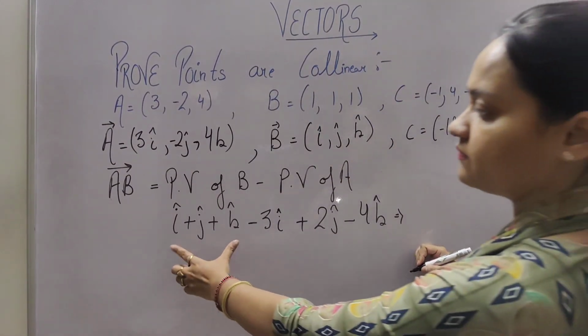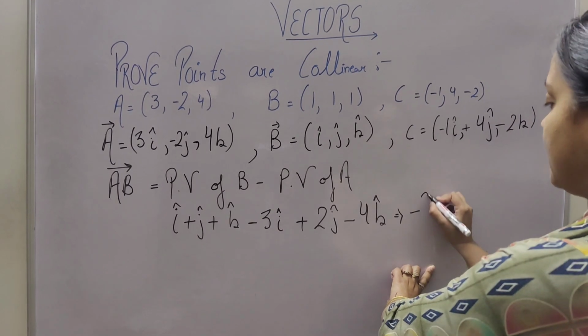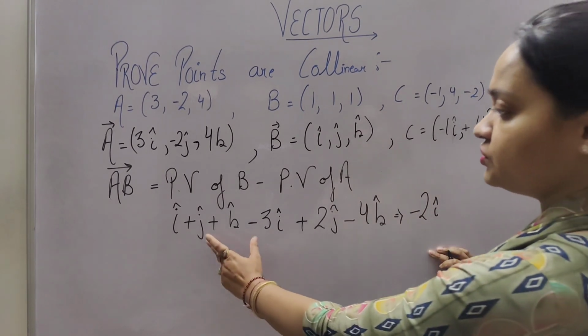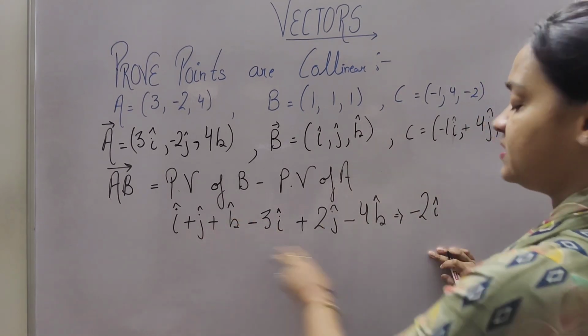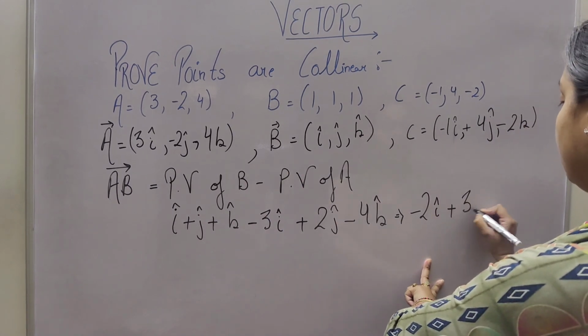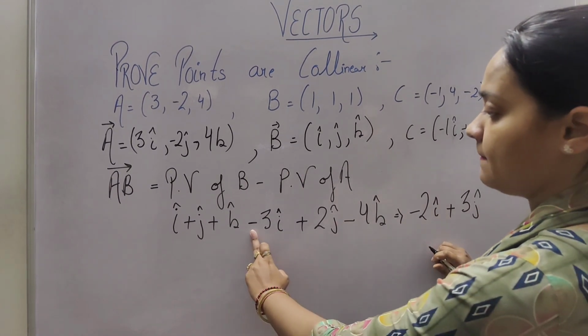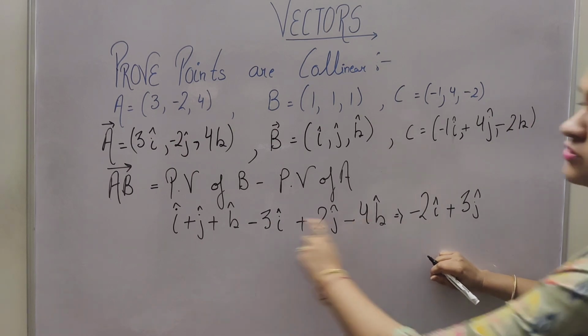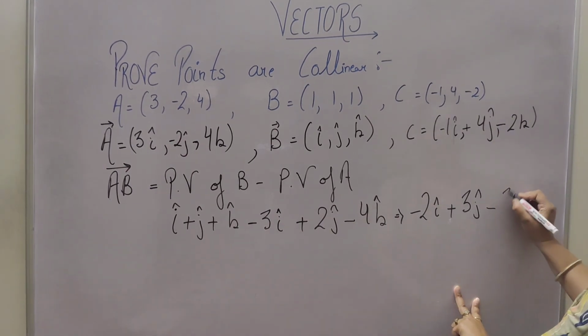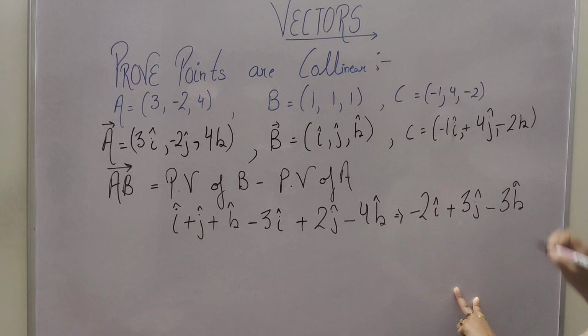So the values come, 1 minus 3 is minus 2 of I, j 2 plus 1, which is 3 of j, minus 4 plus 1 is minus 3 of k.